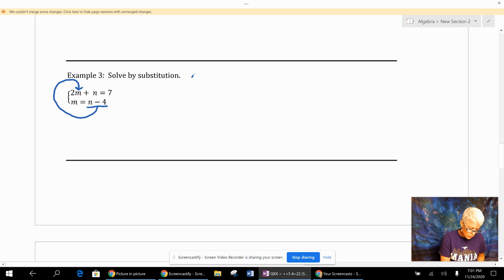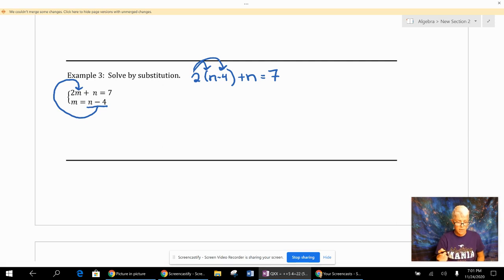So instead of 2 times m, it's 2 times n minus 4. And notice I kept it in parentheses because that 2 is going to have to distribute out to that whole phrase. Because remember, m equaled the phrase n minus 4.